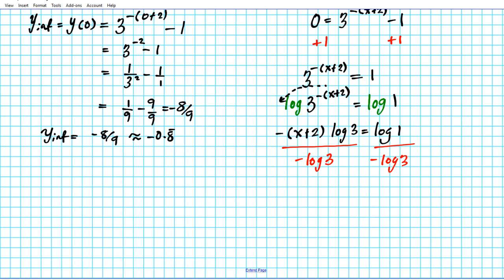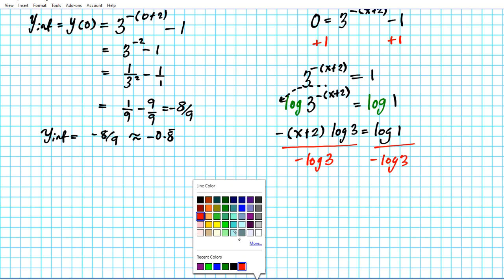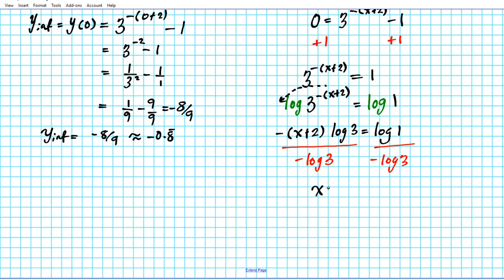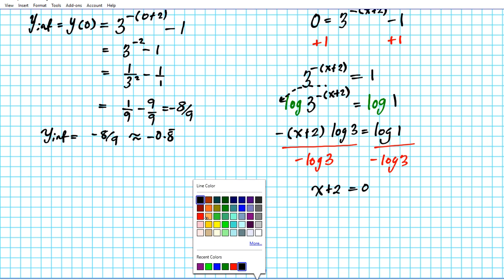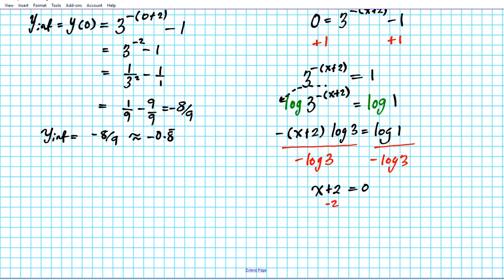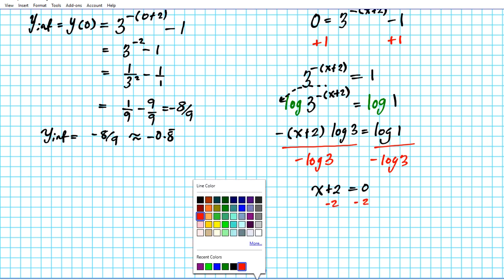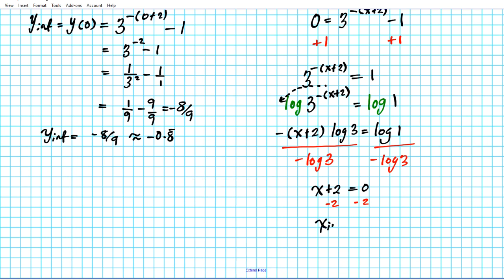If you plug that into your calculator, log 1 is 0. So x plus 2 is equal to 0. Subtract 2 from both sides, and that will give you your x-intercept. Your x-intercept is negative 2.